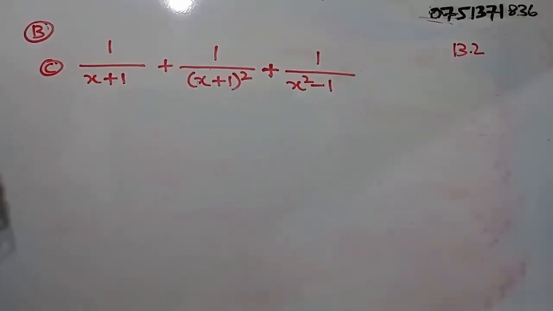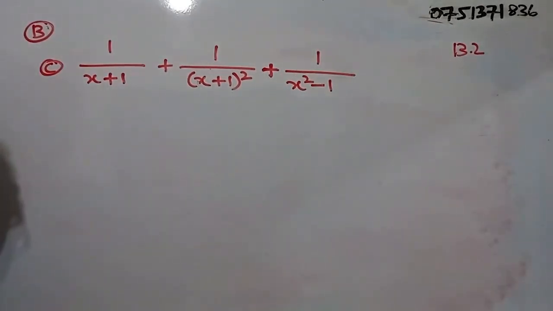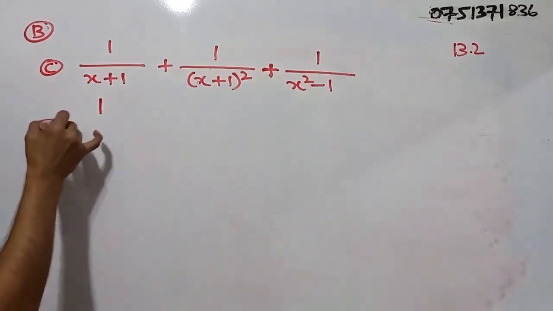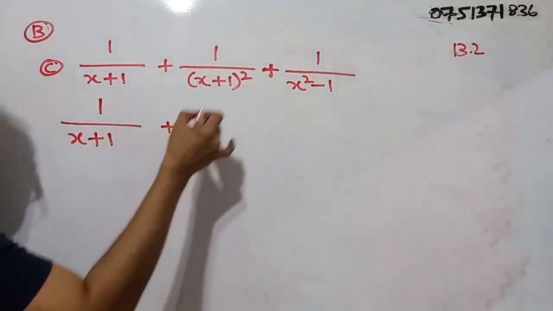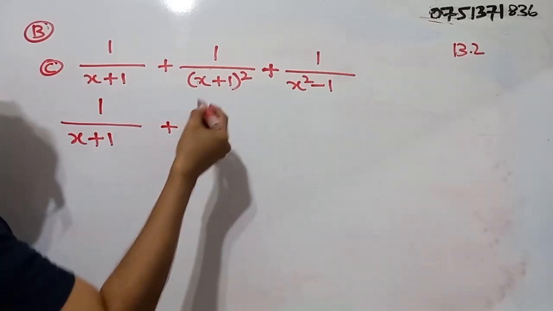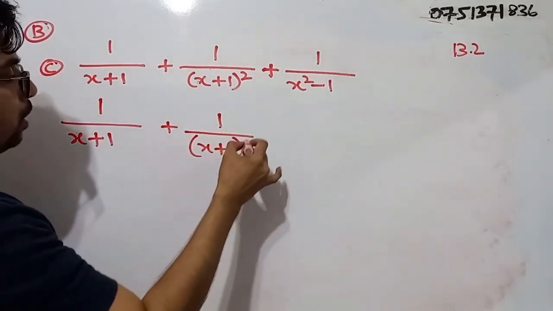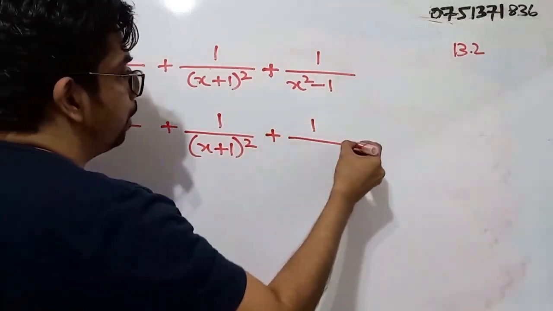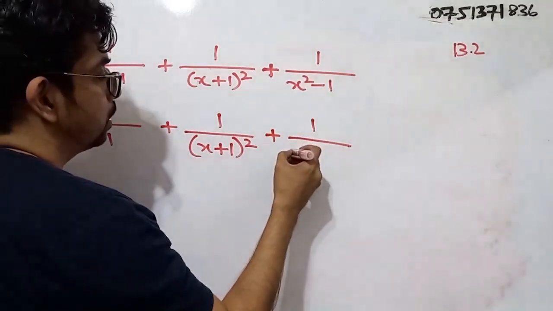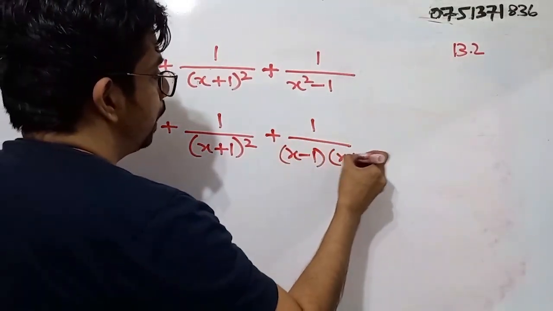Okay, so as we can see, we have 3 different denominators, all of which are algebraic expressions. So we can write 1 by x plus 1, plus, we can leave this as it is, 1 by (x plus 1) squared, plus 1 by, this is a difference of squares, so we can write (x minus 1)(x plus 1).